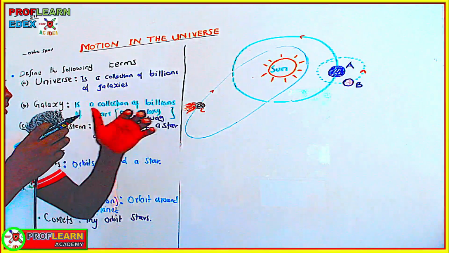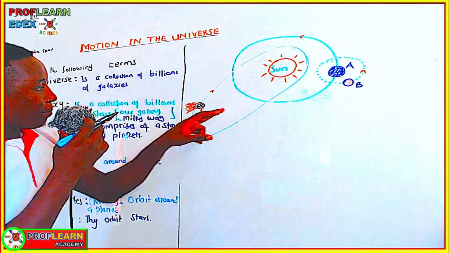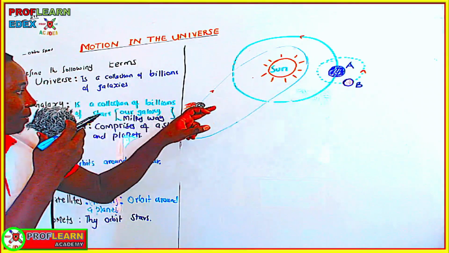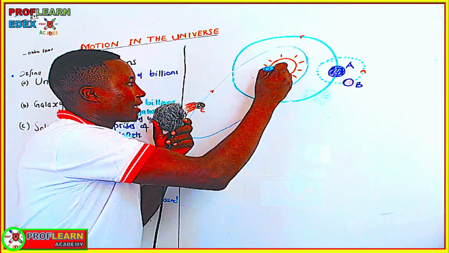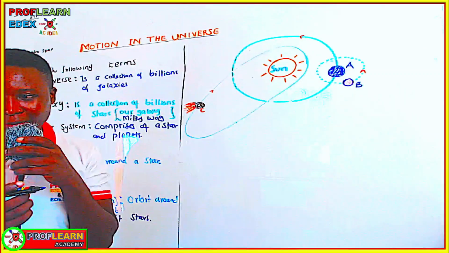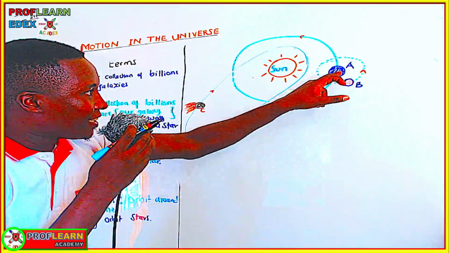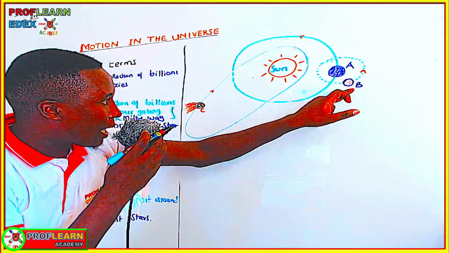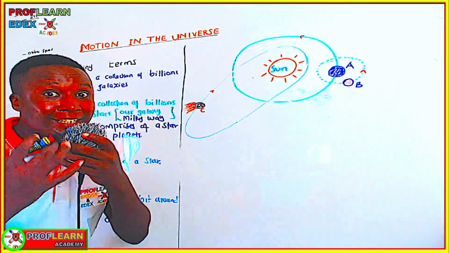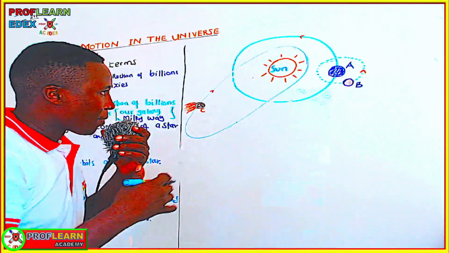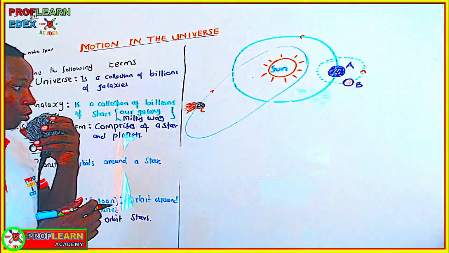Now these are different orbits that we have mentioned here. So you have body A, body B, and body C. We are given that the sun is at that central point. So you may be asked to state the name of body A, the name of body B, and the name of body C. And there is some reasoning you are going to use in order to answer this question.